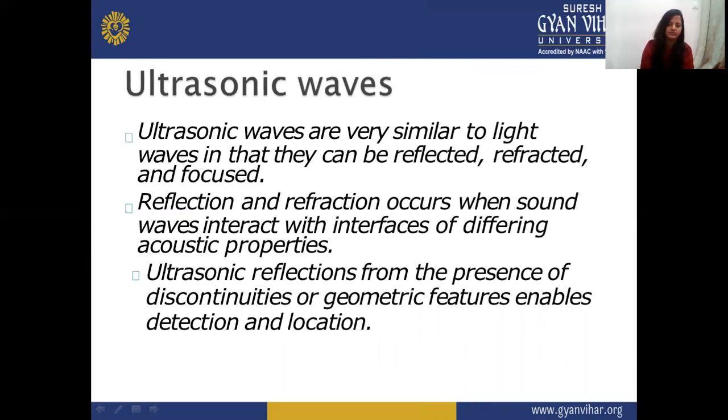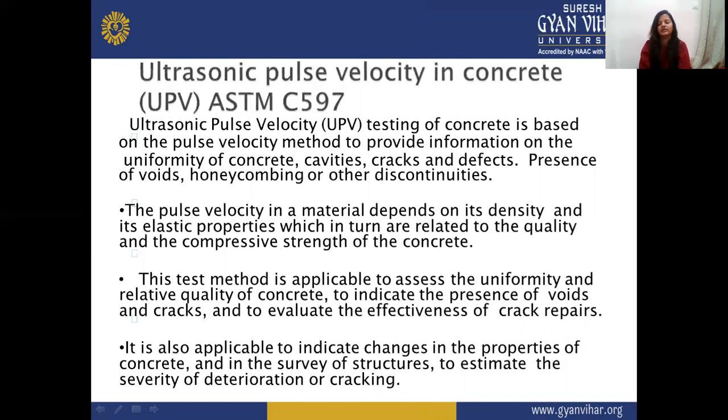Ultrasonic reflection from the presence of discontinuous and geometric features enables detection and location. So we can locate a deformity of a structure even though it's at a higher depth.